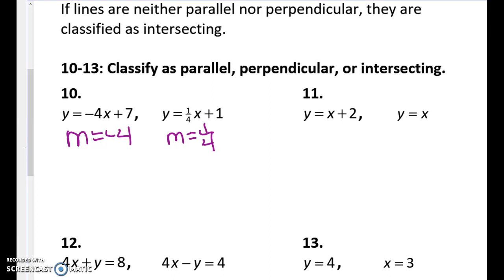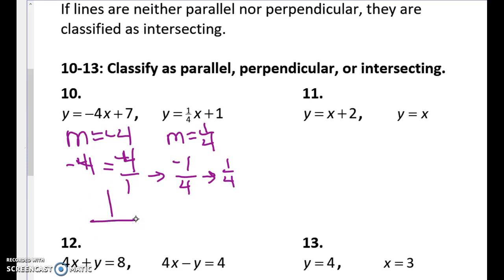Remember, we can always write -4 as -4/1. So when I flip that, it would become -1/4, which we then change the sign to +1/4. So these guys are definitely perpendicular.